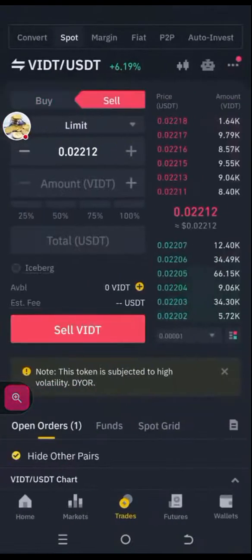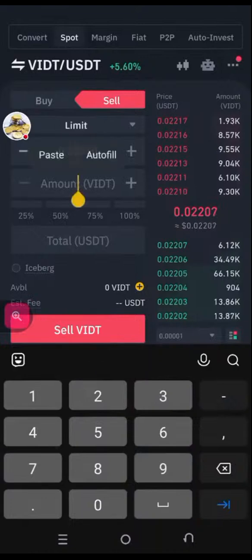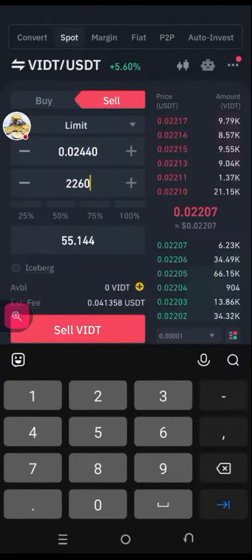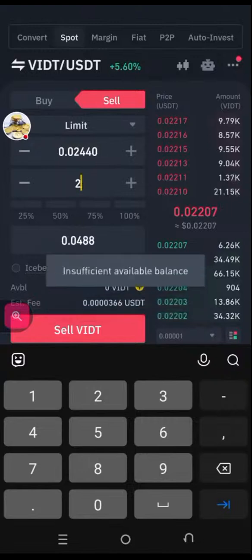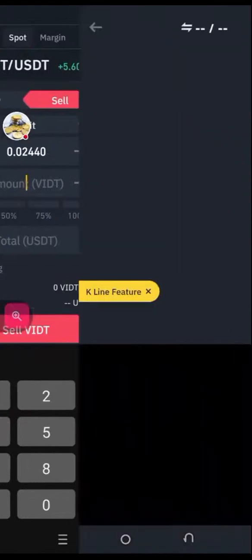Sell. 2440. You see? Interesting, that's a lot. Okay, I think we can work with this anyways. Let's see what we can work with.